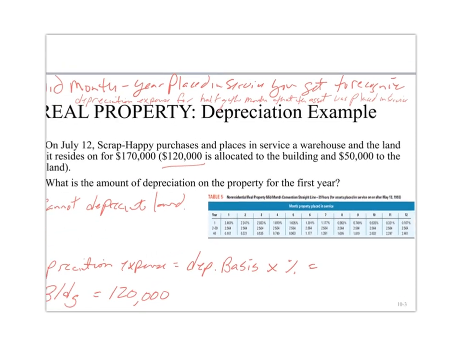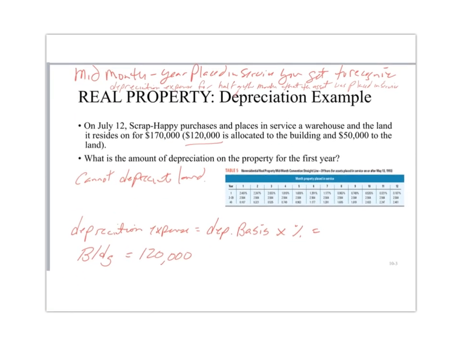That's what mid-month means. And the table does that for you. We're going to deal with disposition in a couple of slides, and we'll talk about what happens in the year of disposition. But right now we need to figure out our percentage.